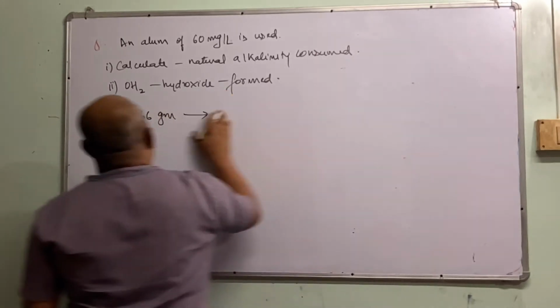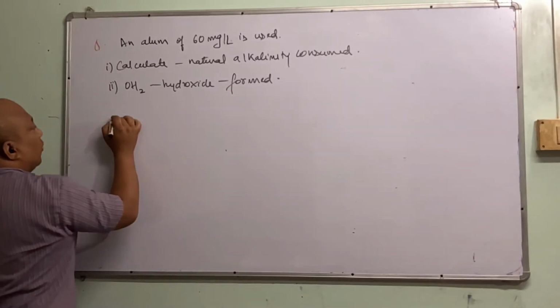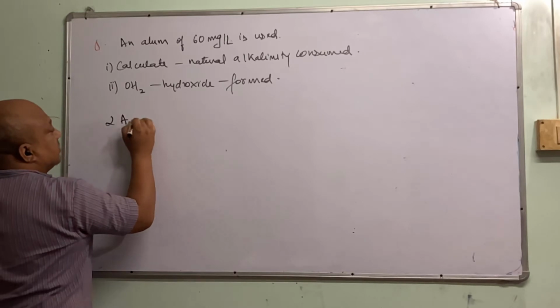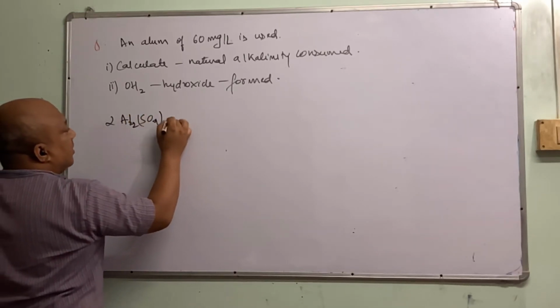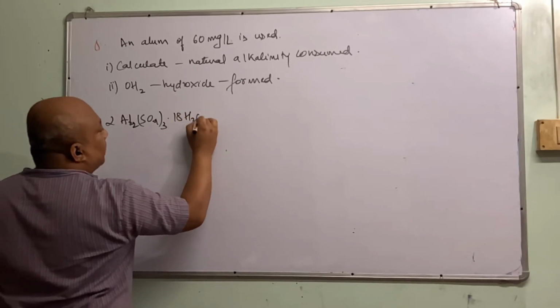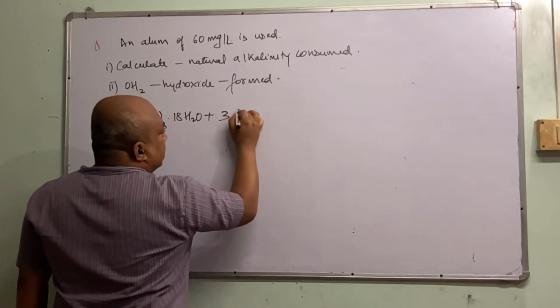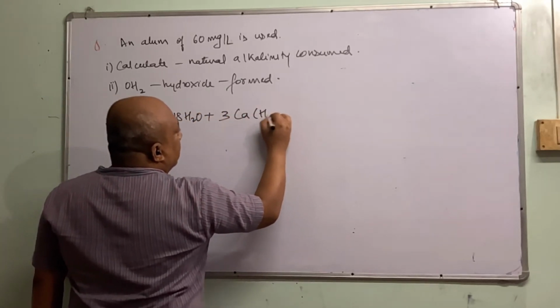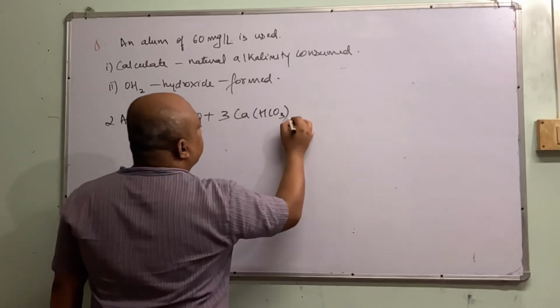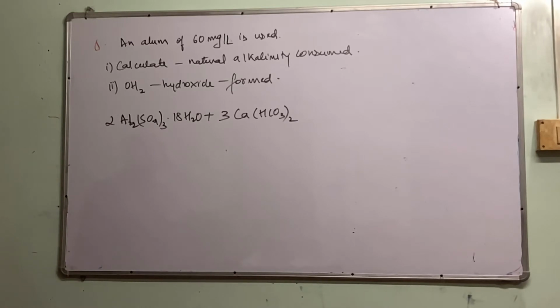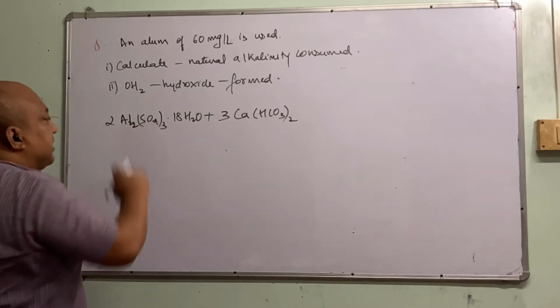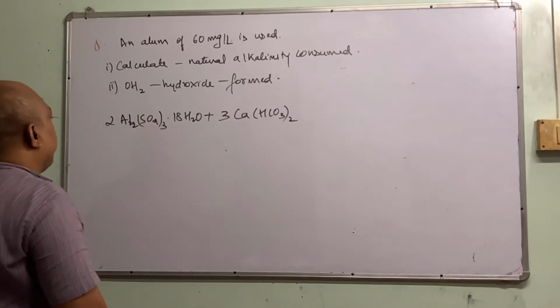Okay, now I got it. So in that equation, we use twice Al2(SO4)3.18H2O plus thrice calcium bicarbonate. Correct? Fine.